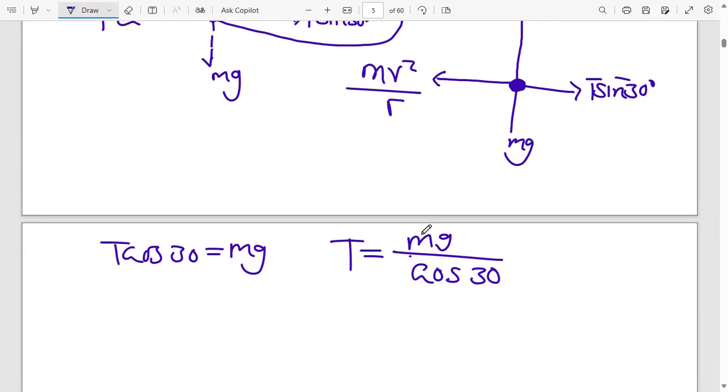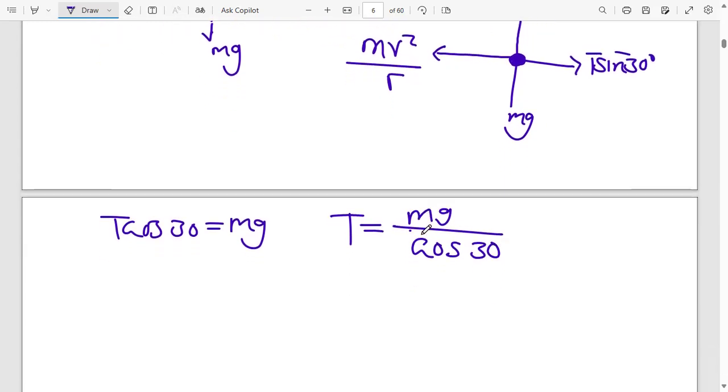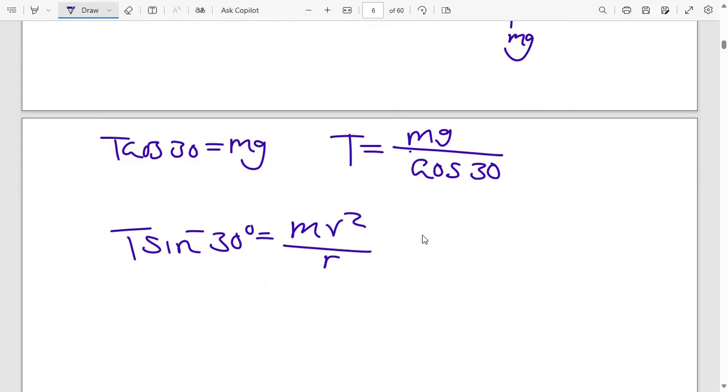Then in the x-axis, we have T sin 30 equal to mv squared over r. That means we have v for the velocity, m for the mass, and then r, which is the radius of the circle.